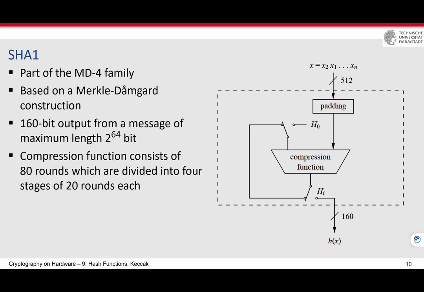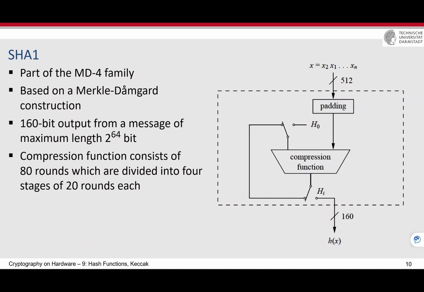This is part of the MD4 family, based on the Merkle-Damgard construction. Of course, you also have to consider that the size of the input of the hash function is fixed. If the input is smaller than the block size, you need to pad it. There are different methodologies and definitions for the padding; we don't deal with the padding at the moment.